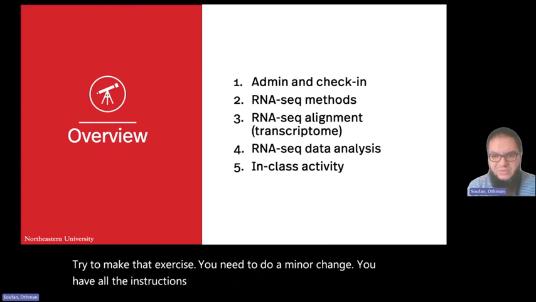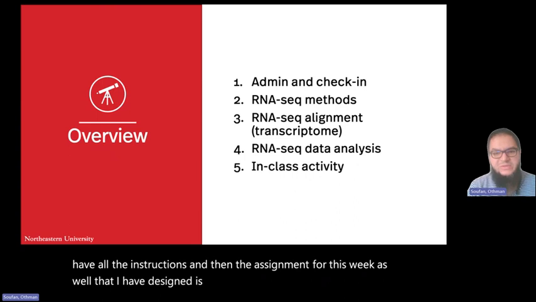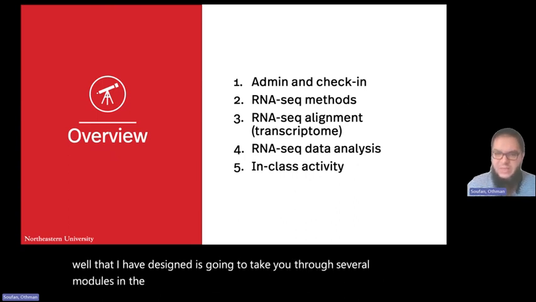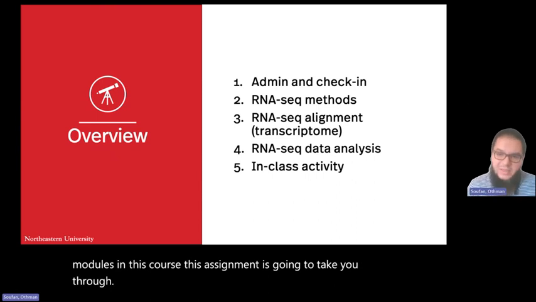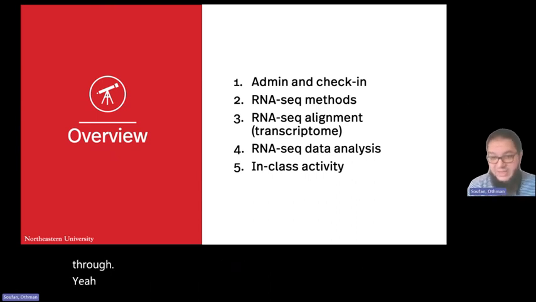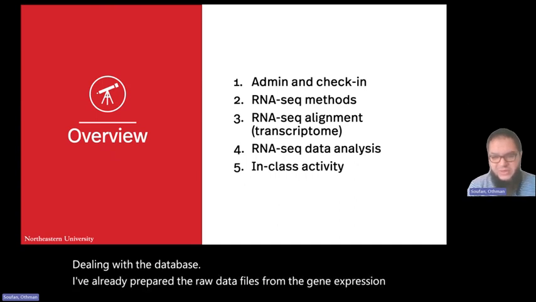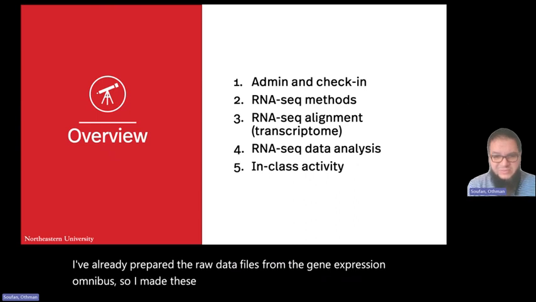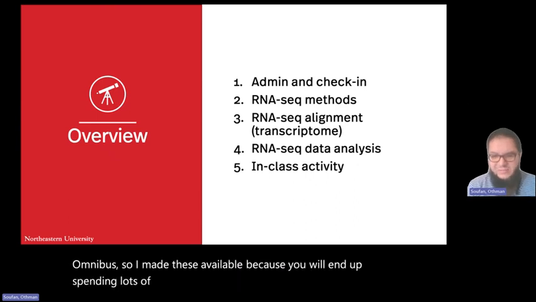And then the assignment for this week that I have designed is going to take you through several modules in this course. This assignment is going to take you through dealing with the database. I've already prepared the raw data files from the Gene Expression Omnibus. I made these available because you would end up spending lots of time downloading the files and then putting them on the server.